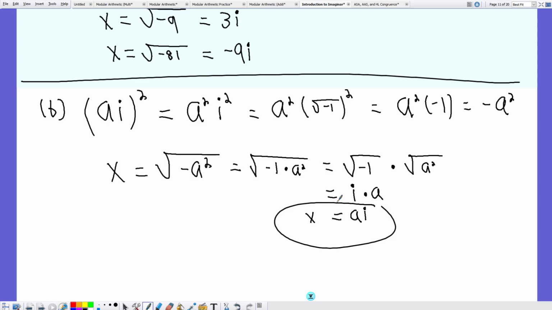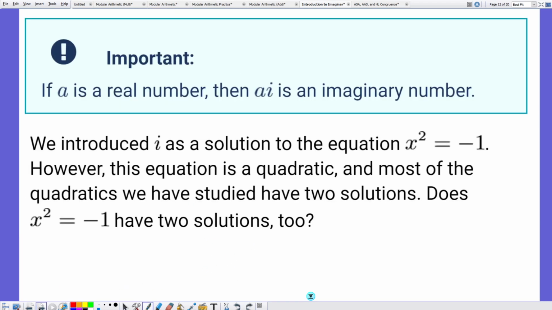So whenever we have this situation where we take the square root and it has a negative in it, it is an imaginary value. Or whenever we square a number and it becomes negative, that is also a sign that we have an imaginary number. So we say that if a is a real number, then a times i is an imaginary number.